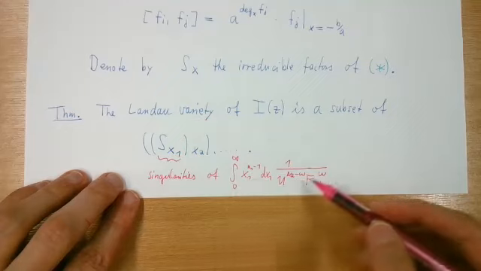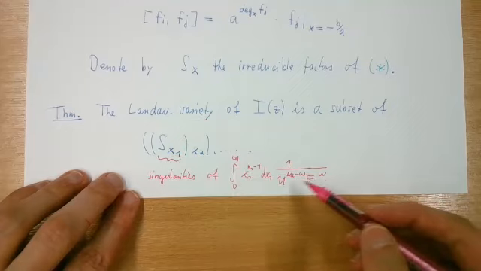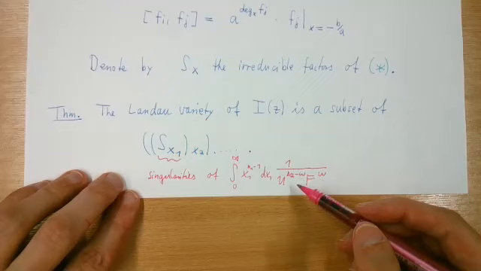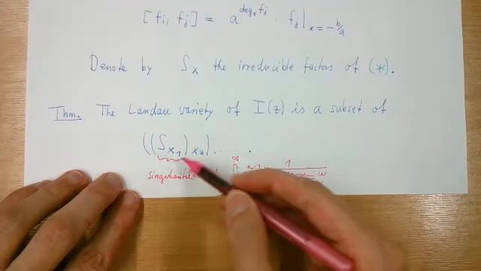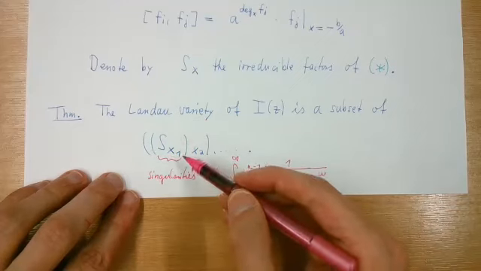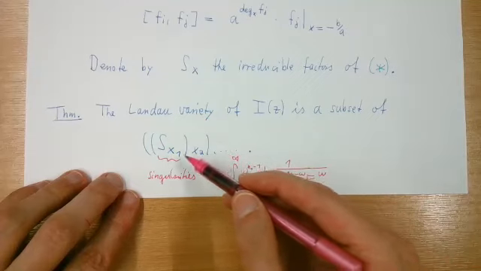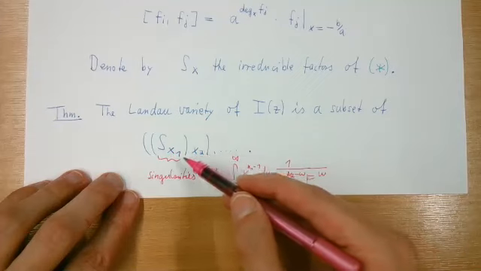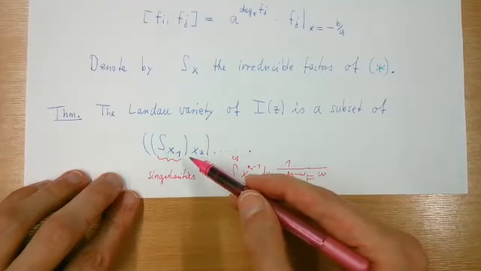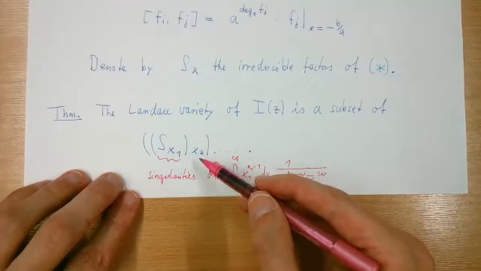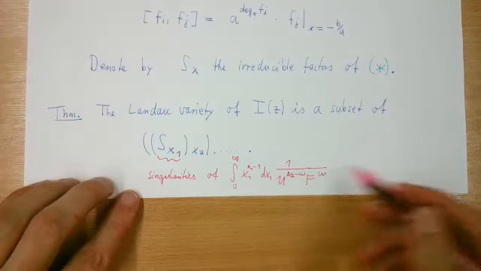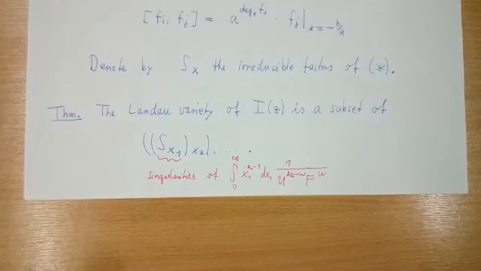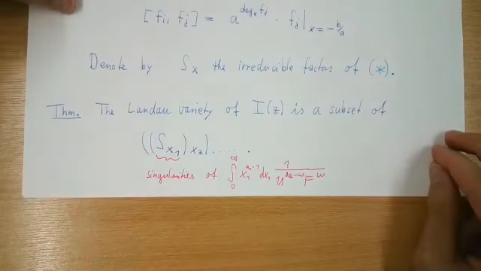So when you integrate out the first variable, this is still a function of the remaining variables. And as a function of the remaining variables, these polynomials give you the singularities. And now you just start again. So you have a function of x2. After you integrate x1, you still have a function of x2. You know where its singularities are. You just computed those. And then you compute, okay, what are the singularities after also integrating x2? So you keep doing this. And this is why in the end, you know that the singularities of the final result are certainly contained in what you computed. So finally, let me do an example.